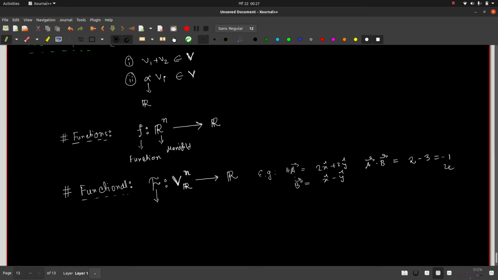So this can be thought of as one example of a functional, but the very idea of functionals is that it takes in a function and spits out a number.